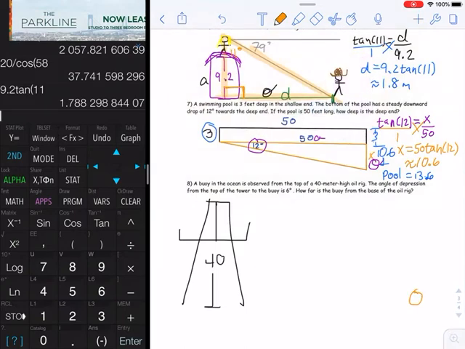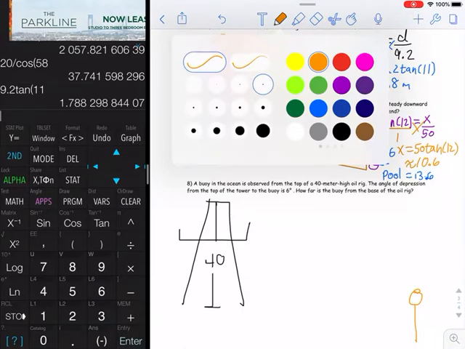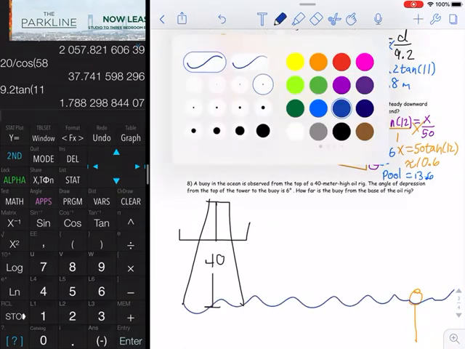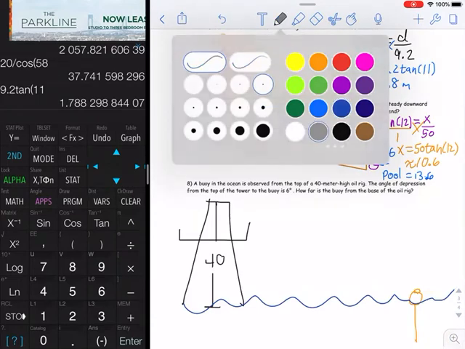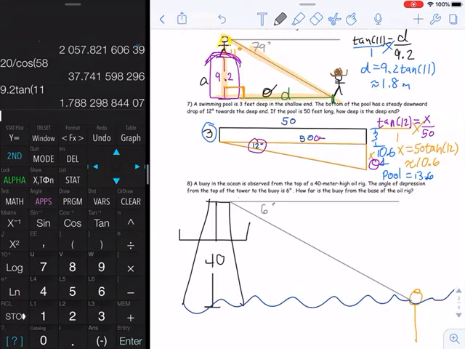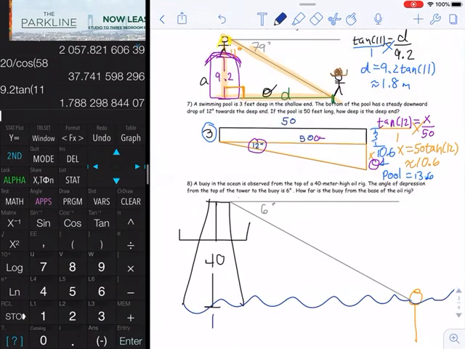Then there's a buoy chilling over here in the ocean, tethered to the ground. Those are the waves. Alright? So, the angle of depression is 6 degrees. How far is the buoy from the base of the oil rig?